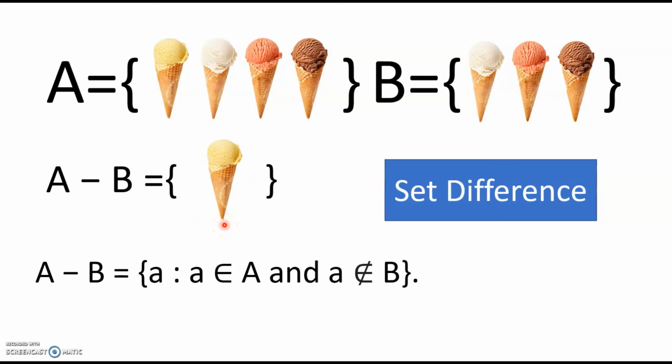So that's called a set difference. You can define set difference as A minus B is equal to the set of x, where x belongs to A and x does not belong to B.